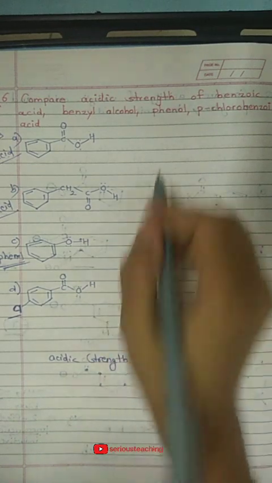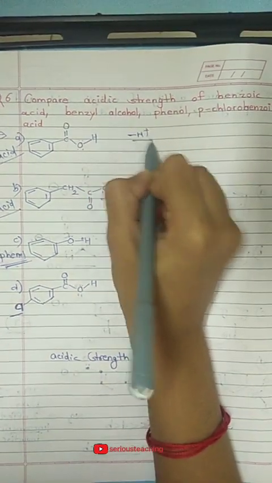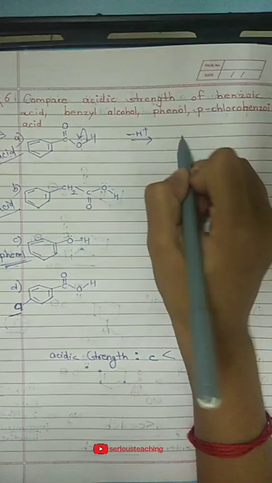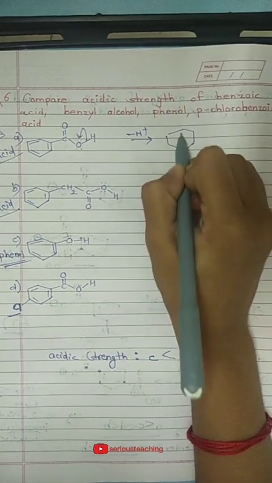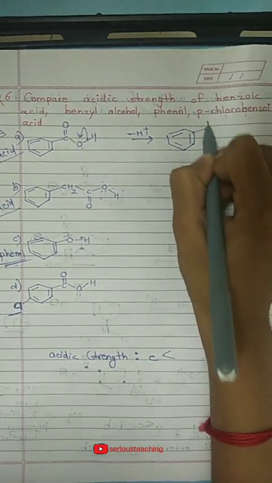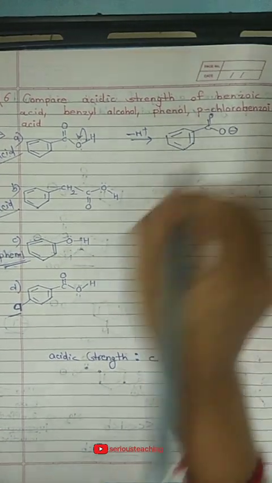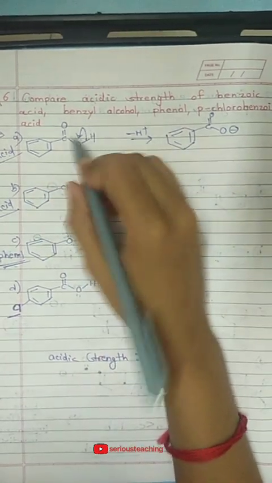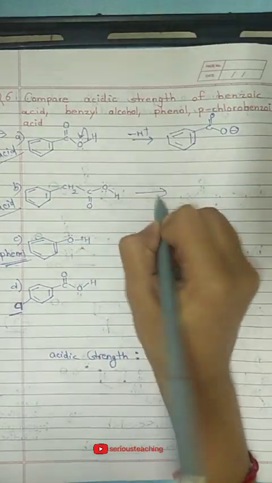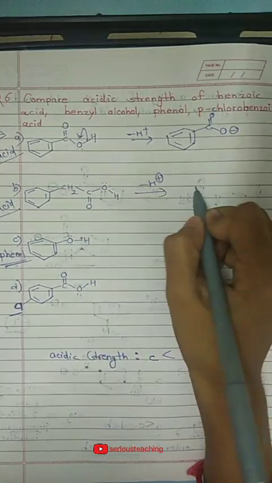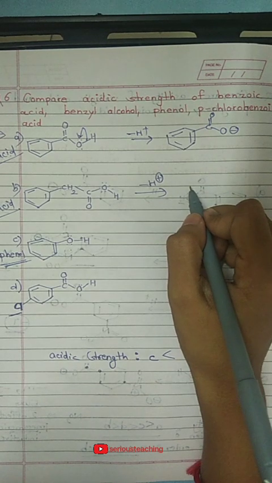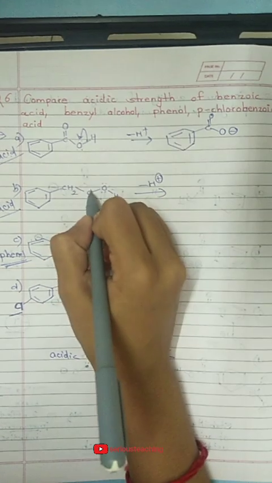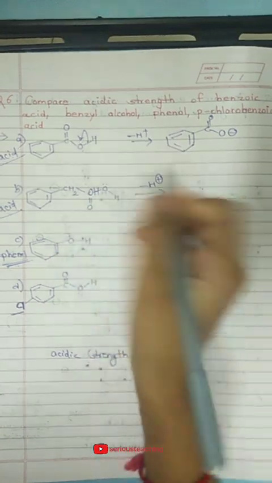See, again we will have to remove H plus and form the anion. So this anion is forming when benzoic acid donates H plus. When benzyl alcohol, actually here benzyl alcohol should be there. I'm so sorry.